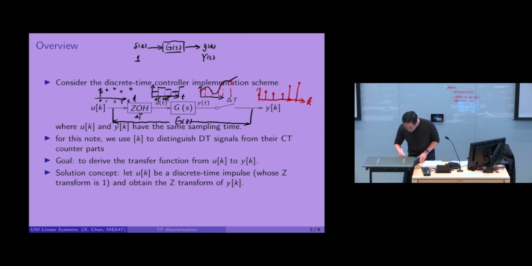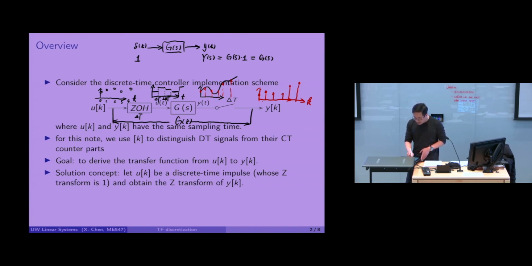So in the Laplace domain, y of s equals g of s times 1. If you apply an impulse, then the Laplace transform of the output is the transfer function itself. That's for the continuous time system.